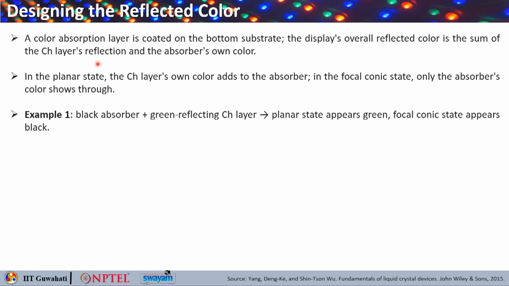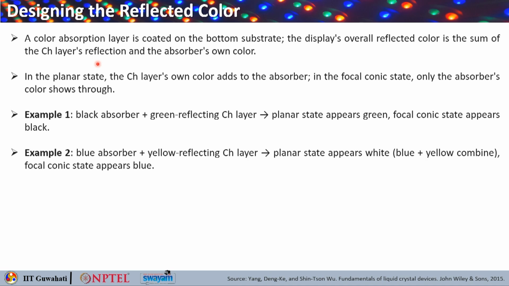Consider a black absorber plus a green reflecting cholesteric layer. In that case the planar state will appear green, and in the focal conic state, where you directly see the absorber color, it will appear black.